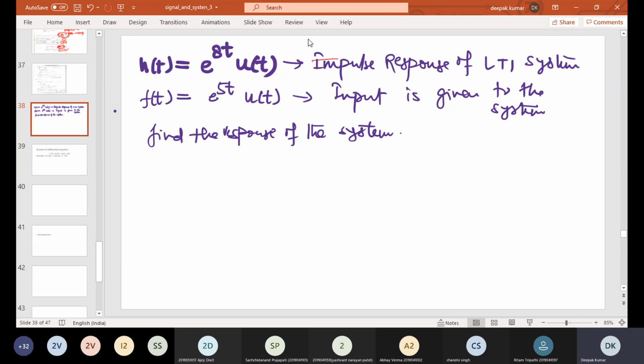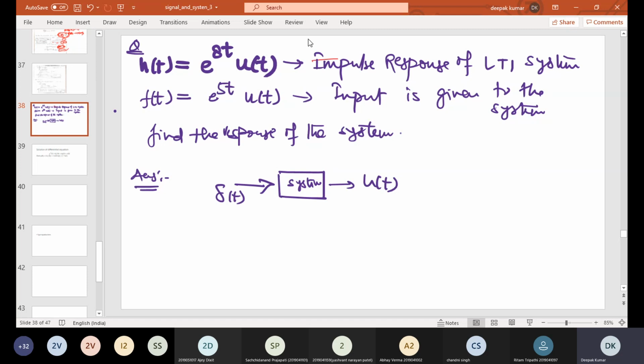Impulse response means when delta function is given to the system, then the output is the impulse response.